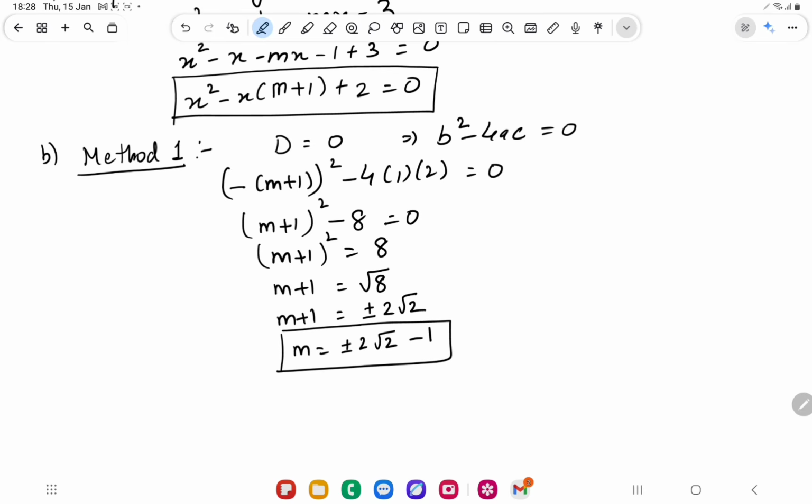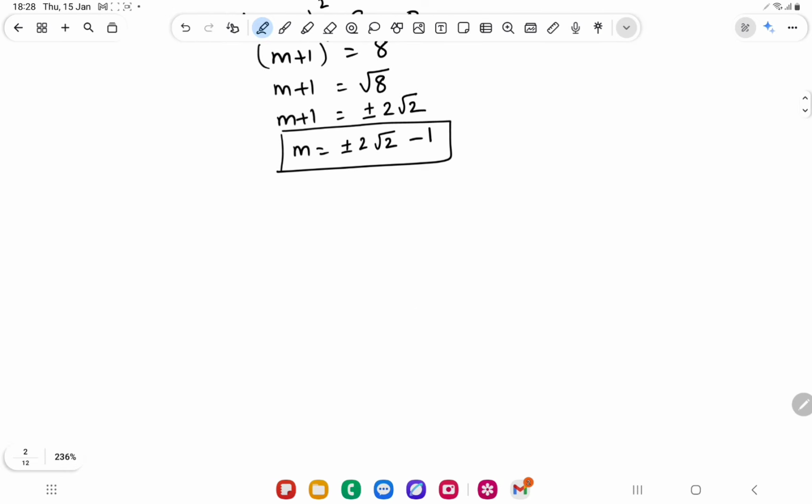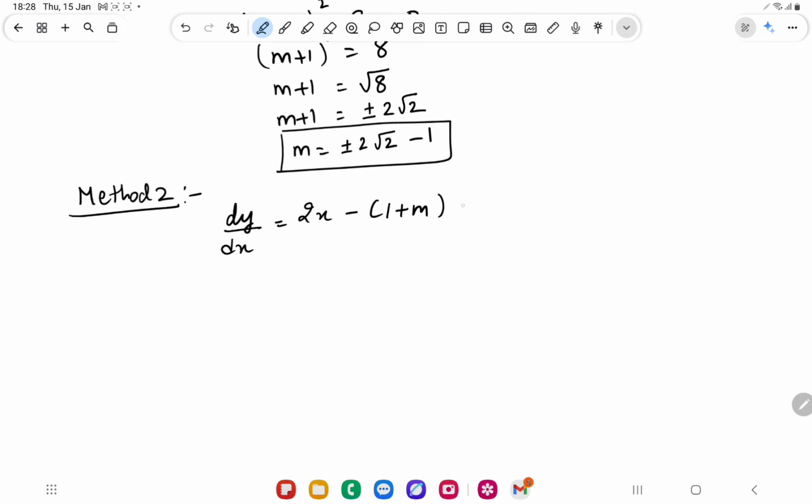Now if you want to use the second method, since in the question it says tangent, so I can find dy by dx, that is derivative. So when you find dy by dx of the equation, you will get 2x minus 1, and constant derivative is 0.